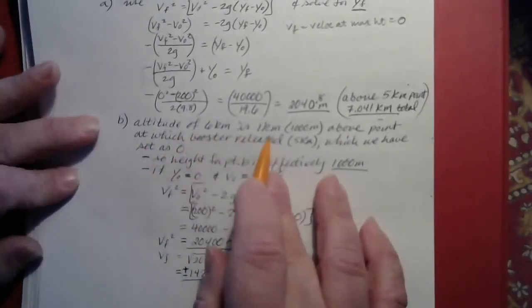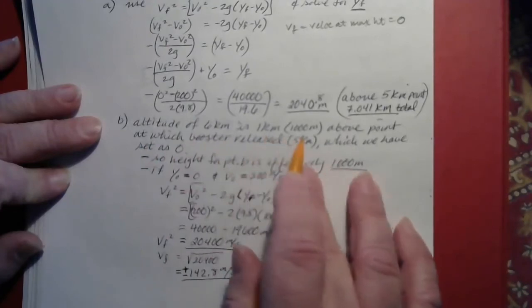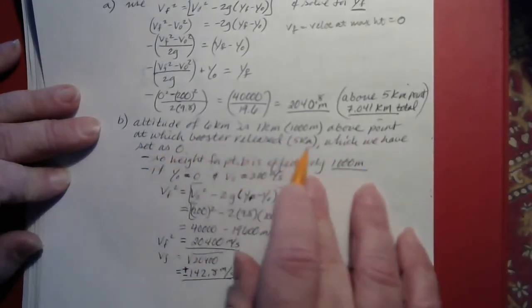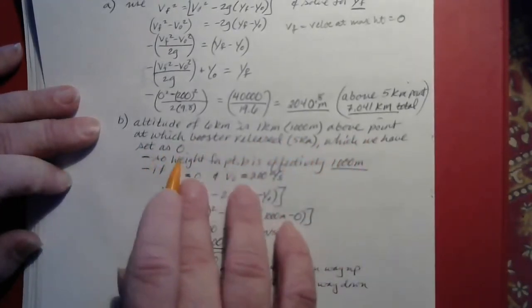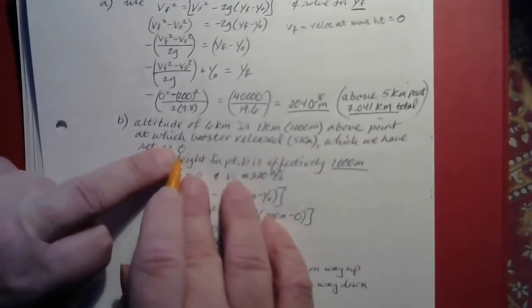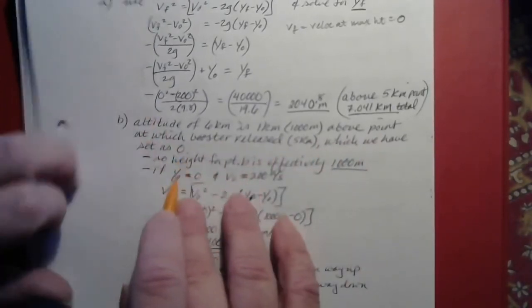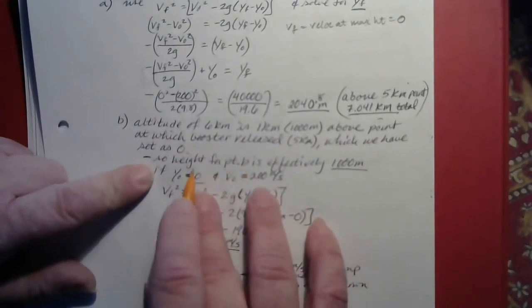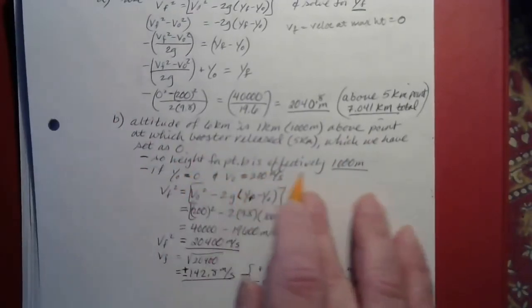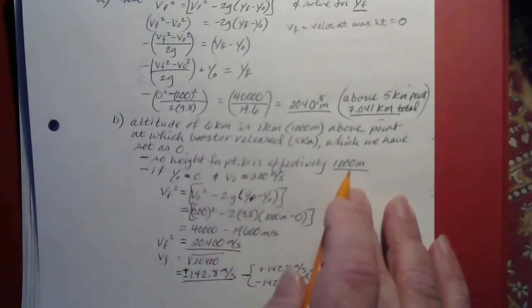So like I was saying, the altitude of 6 kilometers is 1 kilometer or 1,000 meters above the point at which the booster is released. And we've set that point, the point of release, as 0. So the height of the booster for part B will effectively be 1,000 meters above the 0 point.